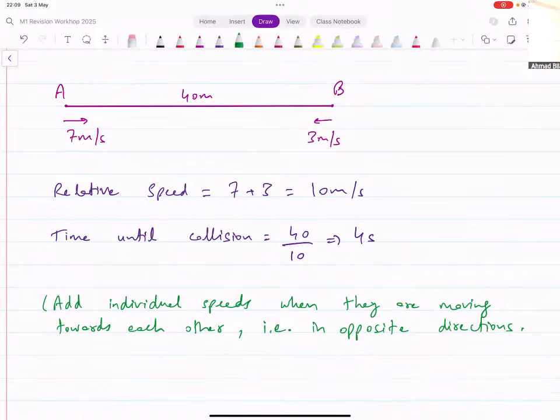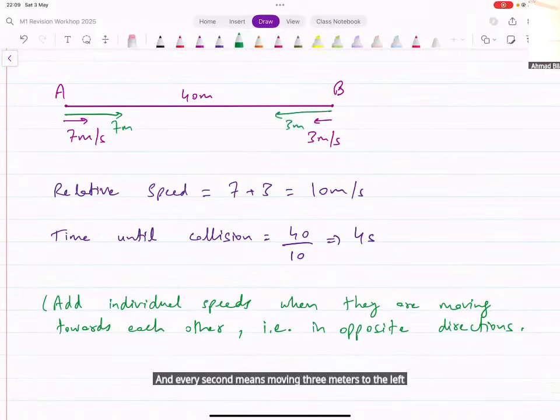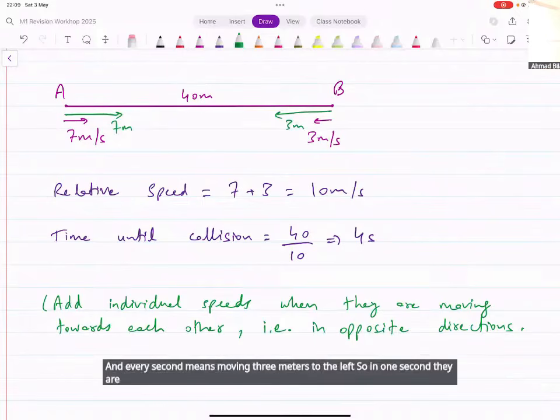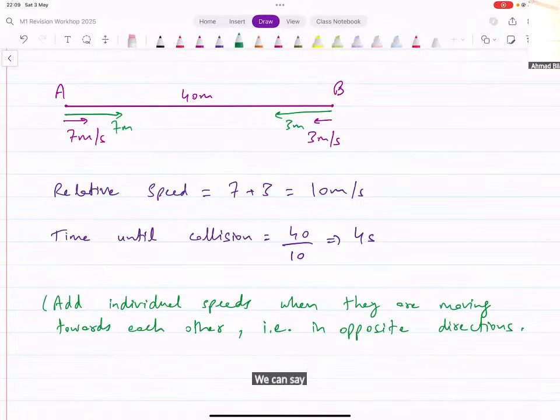Think about it. Every second, A is moving 7 meters to the right, and every second B is moving 3 meters to the left. So in 1 second, they are getting closer by 10 meters. We can say the relative speed for them is 10 meters per second.